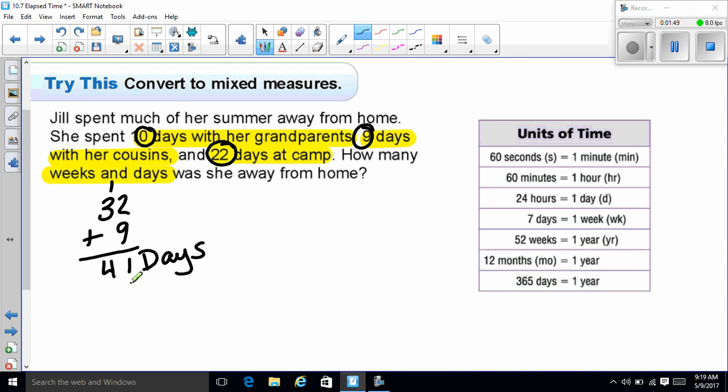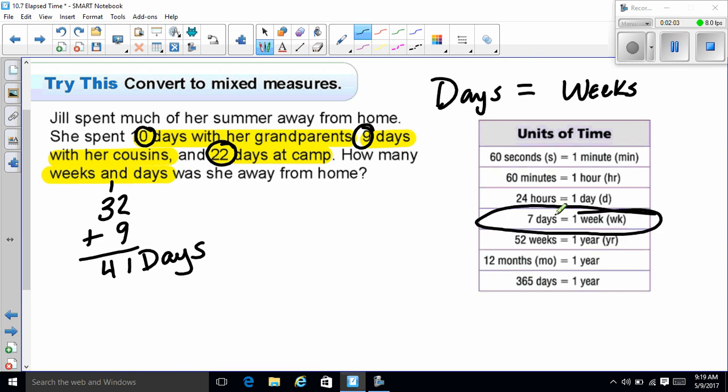Now I want to take 41 days and convert it into weeks. So days to weeks. I need to find that information, and I know that there are 7 days in 1 week. So I'm going to have to use the number 7 to convert into weeks. Since I'm going into a larger unit, I'm actually going to have to take the number of days and divide it by 7.